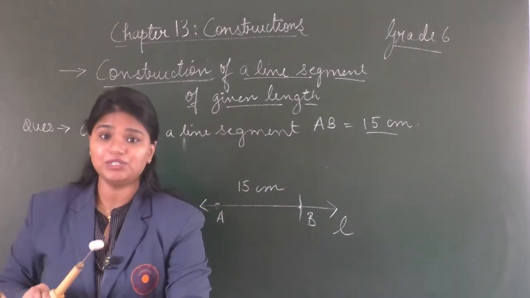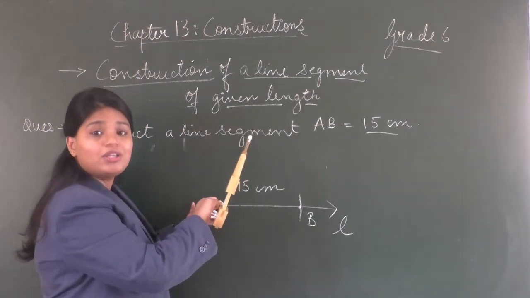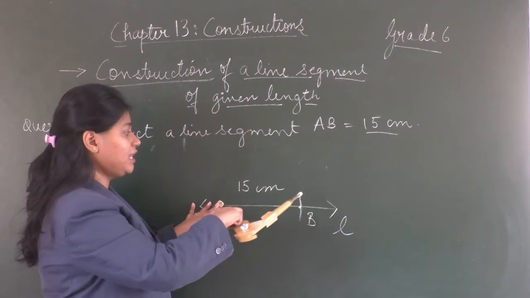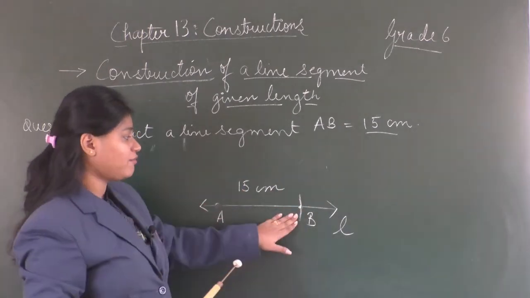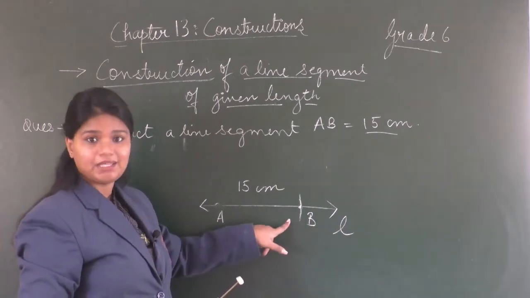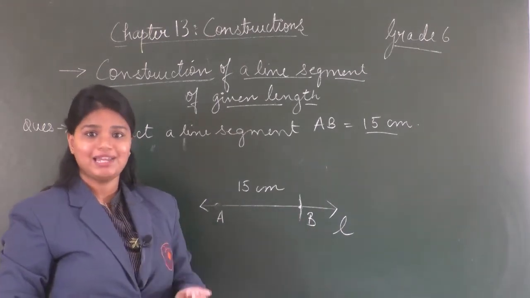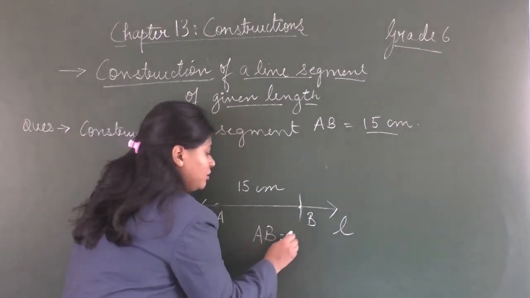Next, you will place the needle on point A, the starting point of your line segment, and then you will cut an arc on the given line. Wherever the arc is cutting the line, you will mark that point as B, that is the ending point of your line segment. So here we have got a line segment of the measure 15 centimeter.